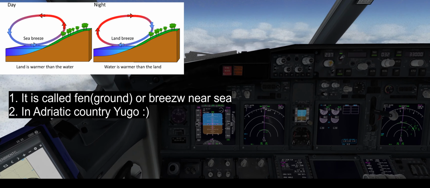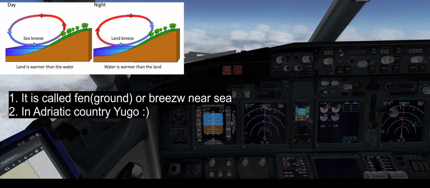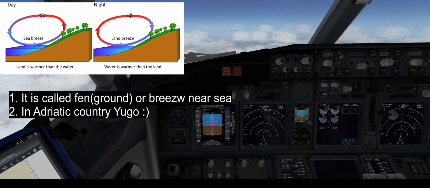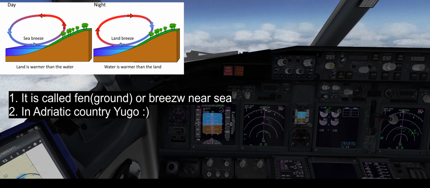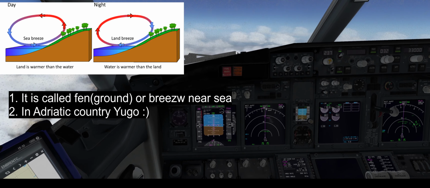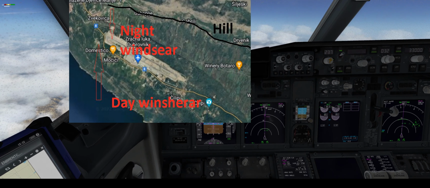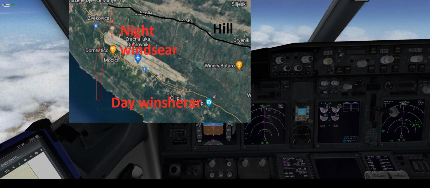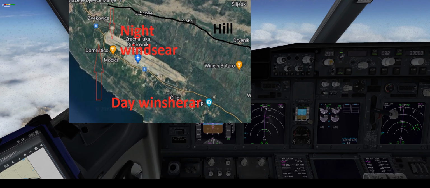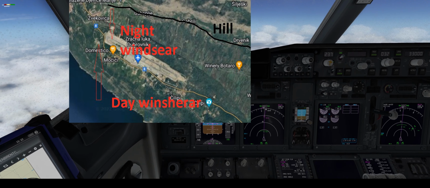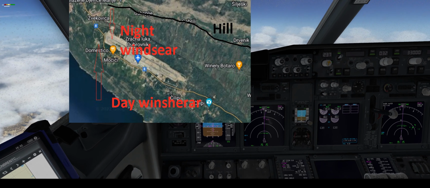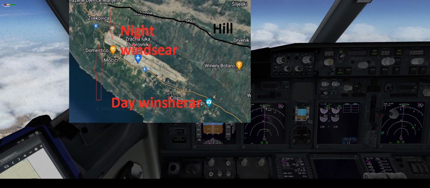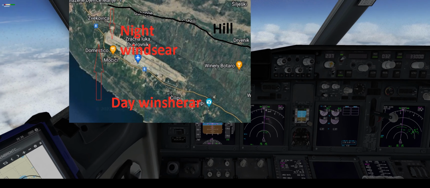Dubrovnik Airport is quite a good airport. It's perfect. It's okay, but as you can see, the runway is parallel to the hill, which is on the left side or the right side, depending on which runway is in use. And then you can encounter wind shear from the left or right side, okay? But it's unpredictable wind shear, so you have to be prepared.